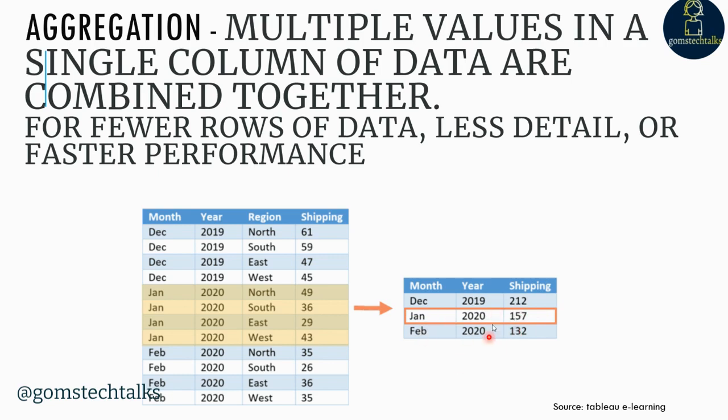For February, what is the total cost of shipping? Instead of having a very detailed level of records, you have reduced the granularity. You have reduced the number of records, and instead of seeing the cost in different records, you are just seeing the total cost.